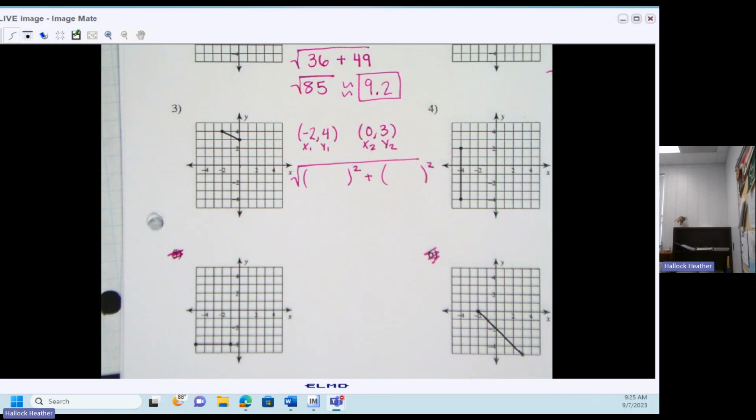Once you get the hang of it, if you want to condense steps, like 2 steps into 1, that's fine. Show every single step if you need to.